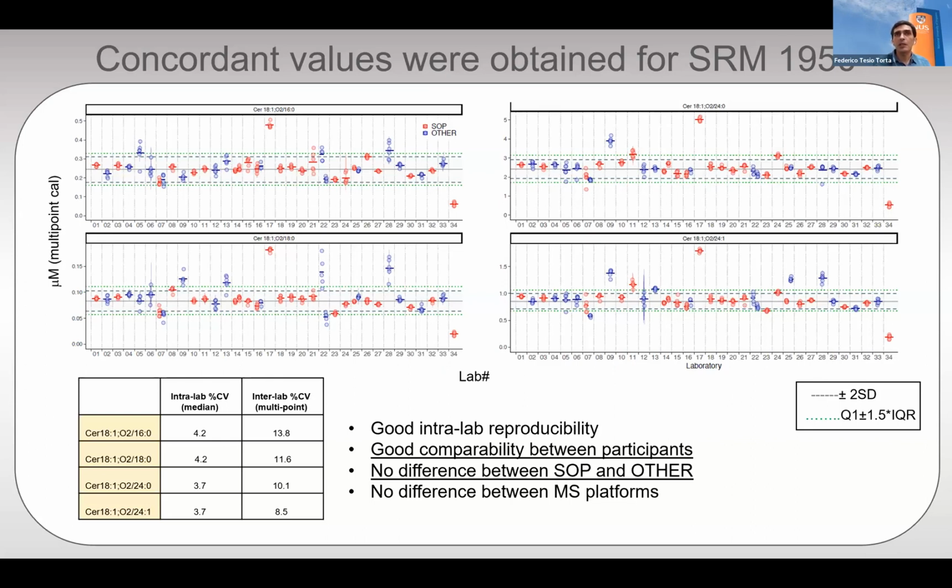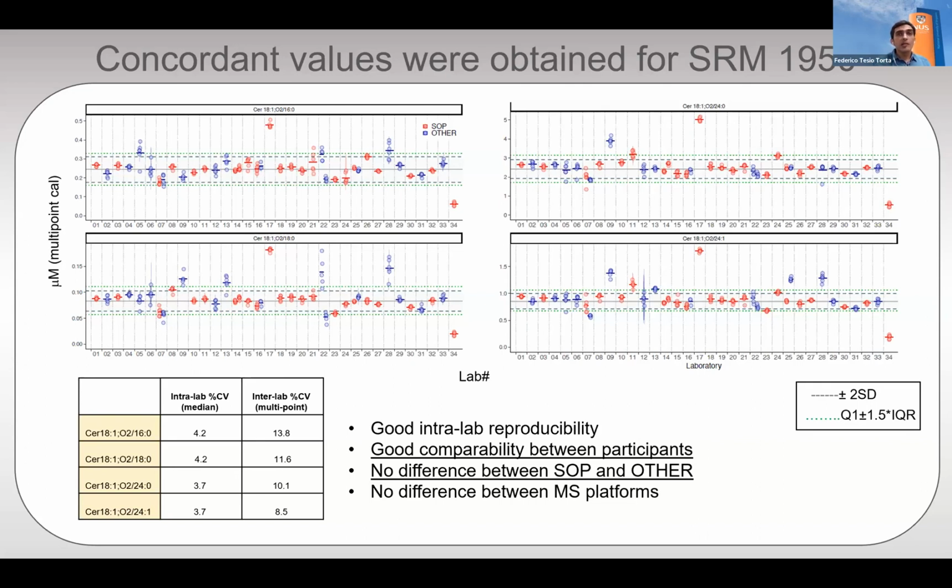The outlier filtering was applied at a threshold which was a bit more than 2 standard deviations. What we can say about the data is that we got a very good intra-lab reproducibility, which was expected, but we also observed a good concordance between labs. Indeed, the CVs were all below 15% for all the 4 ceramides.